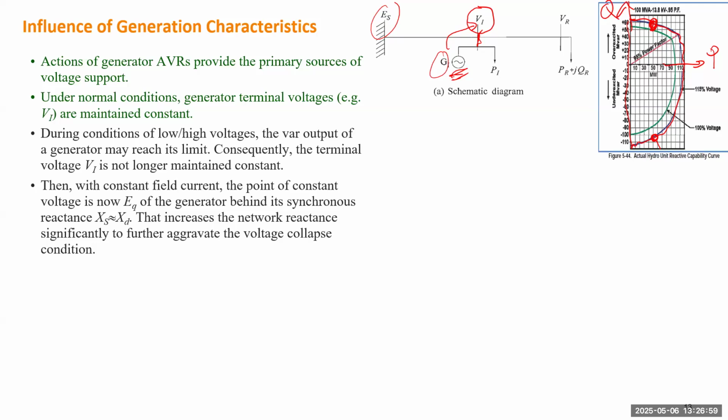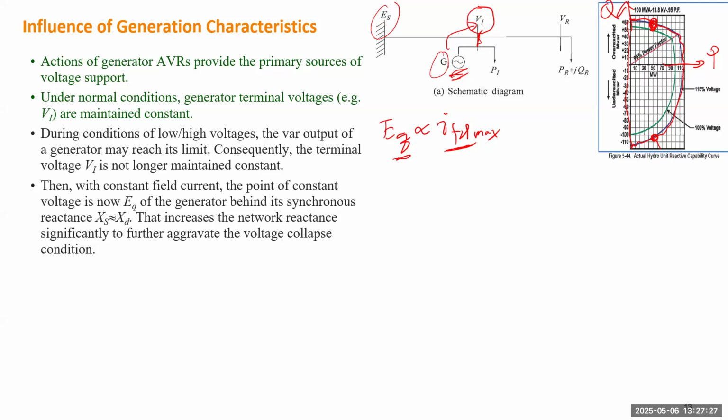EQ is basically proportional to the field current, right? Remember, EQ is basically proportional to IFD. So when the exciter reaches the limit, IFD will become constant, it will operate at the limit. Then the EQ will be really the internal constant voltage source.